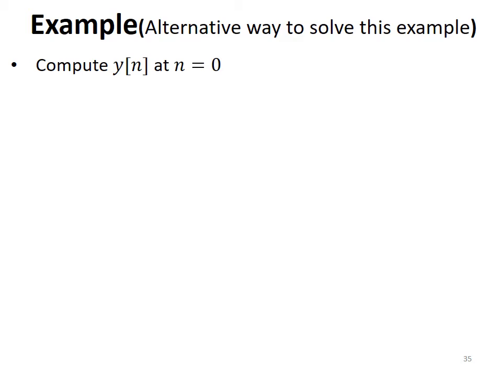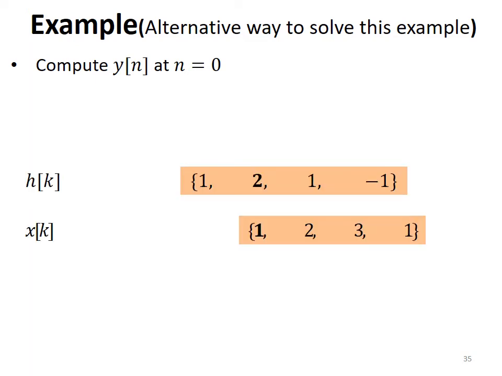Now the alternative way to solve this example is that we first place x of k here and then h of k, which are given in the question. Now here the sample occurring at k equal to 0 is represented by this bold number.